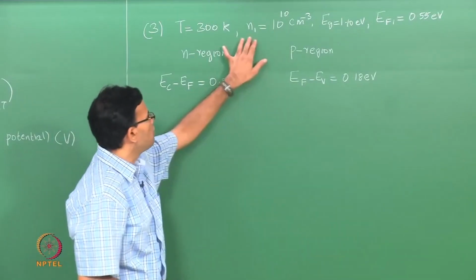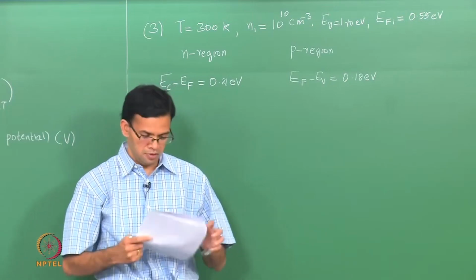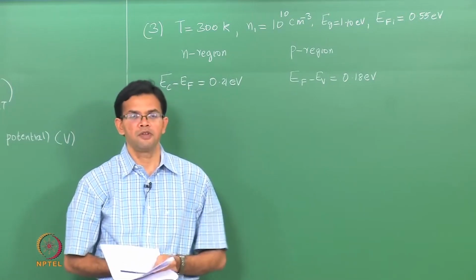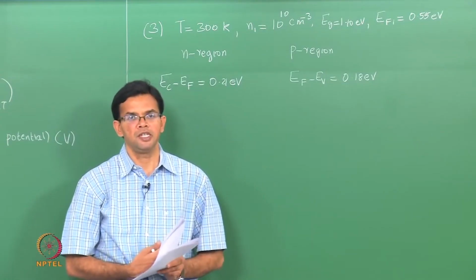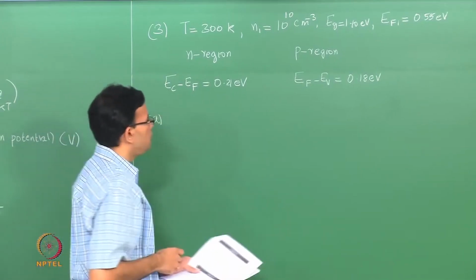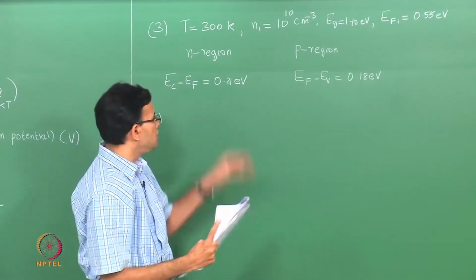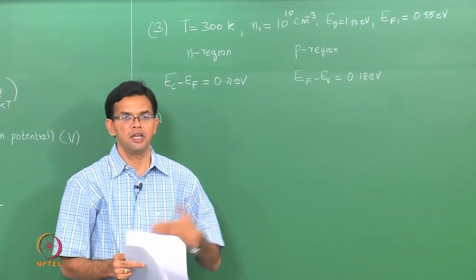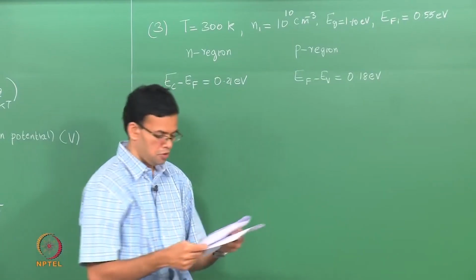These are some of the parameters of intrinsic silicon that we can use. The first part of the question says draw the energy band diagram for the p-n junction. Before we do that, we have to first draw the energy band diagram for the two regions separately, and then we can put them together to draw the energy band diagram for the junction.